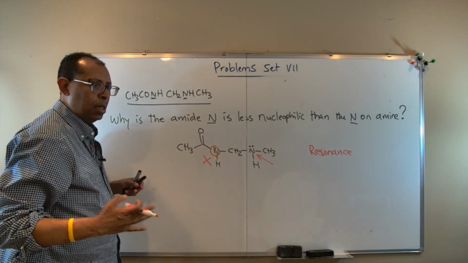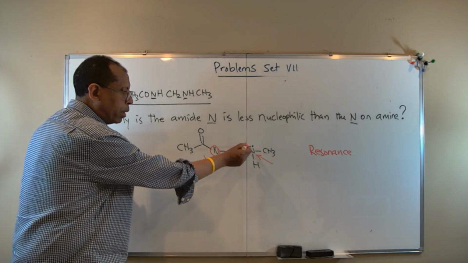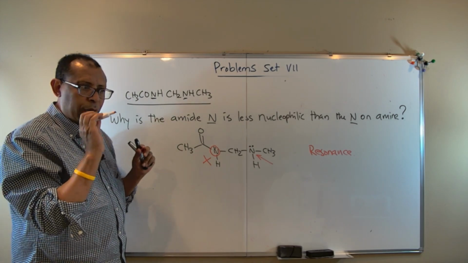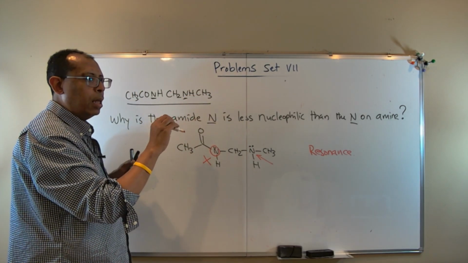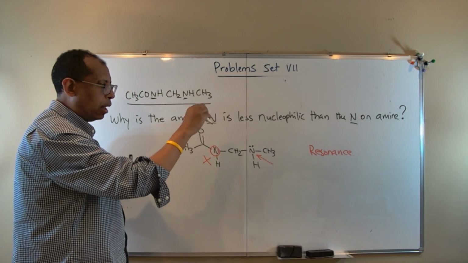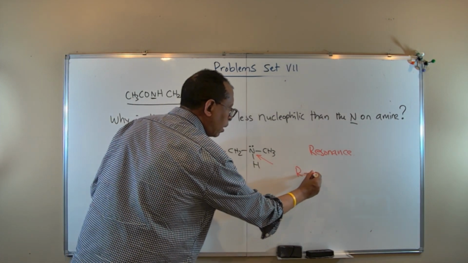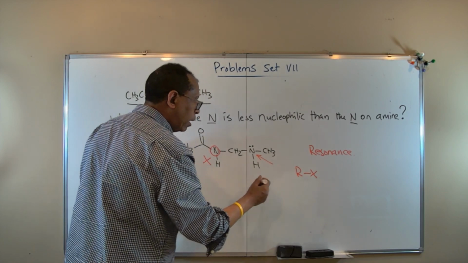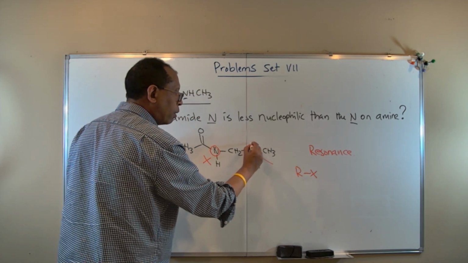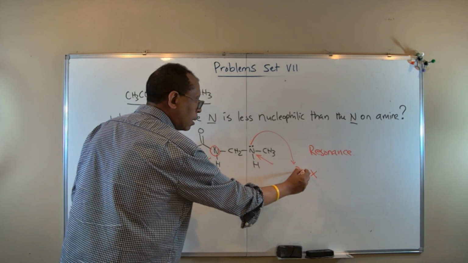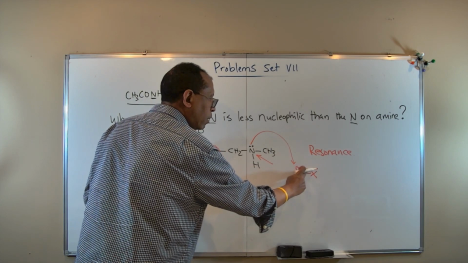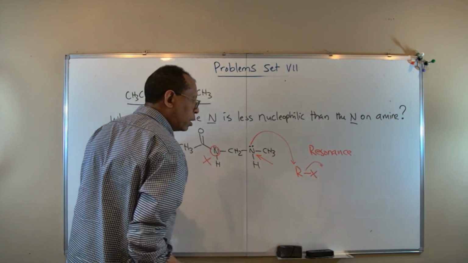It shows that this pair of electrons is more available to attack an electrophile like an alkyl halide. If you have an RX, this is a nucleophile, and this is the electrophile. This lone pair of electrons can attack this, and this can leave as a leaving group in a substitution reaction.